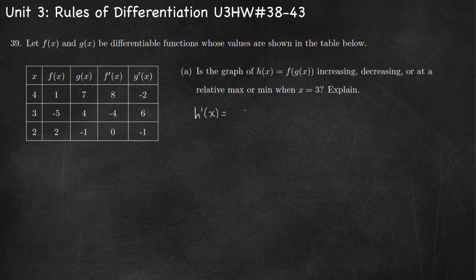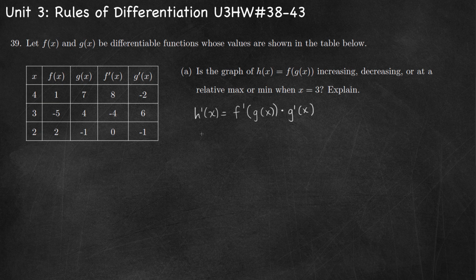So the derivative of f of stuff is f prime of the stuff times the derivative of the stuff. So f prime of, and I wrote that incorrectly. Let's erase that. F prime of stuff is just f prime of g of x times g prime of x.